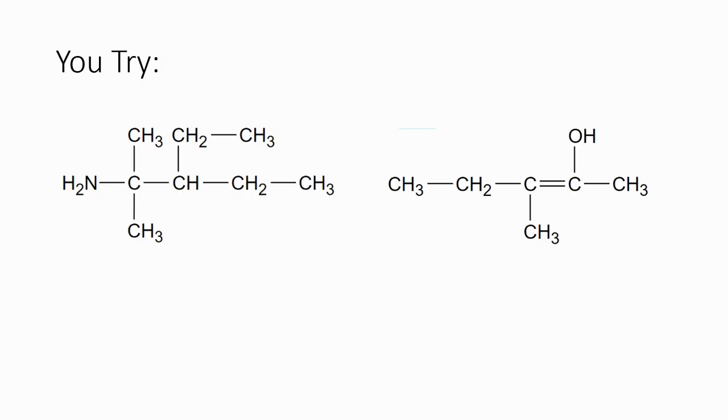Okay, so go ahead and try to draw these. And then we'll draw them as a class. So, we're drawing the skeletal structure. Draw the skeletal structure. I should probably put that on my slides. Draw the skeletal structure. Okay, so try to remember we're not showing hydrogens.